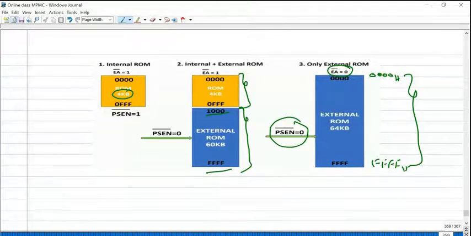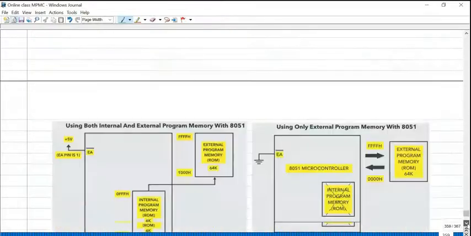Program store enable equal to 0 means you're ready to read the data from your external ROM alone. So remember, whenever you're interfacing external ROM, this pin must be kept low. For reading the information from ROM, PSEN should be 0.